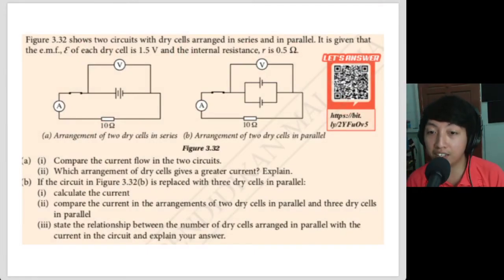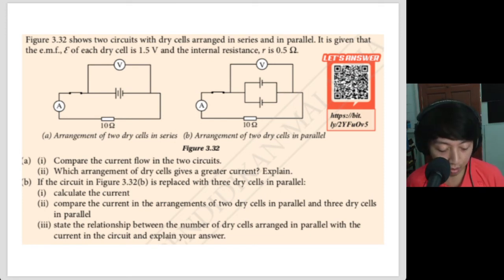Increasing the number of dry cells arranged in parallel, bila kita semakin banyak sel kering disusun dalam cara parallel, we also increase the amount of current, right? And why does it increase the amount of current? Because by adding more batteries, you actually reduce the resistance.